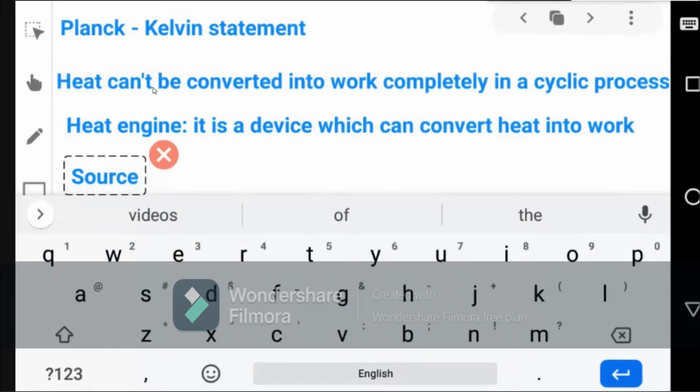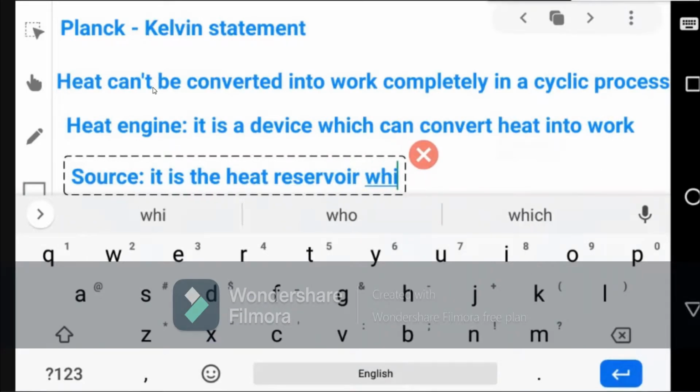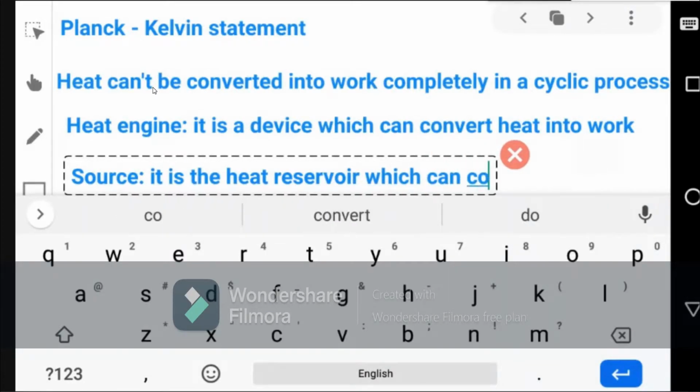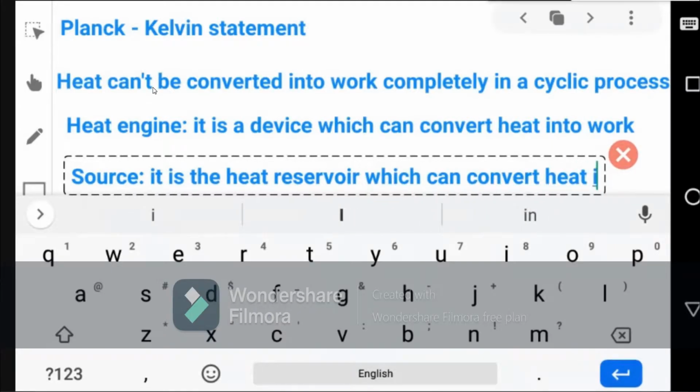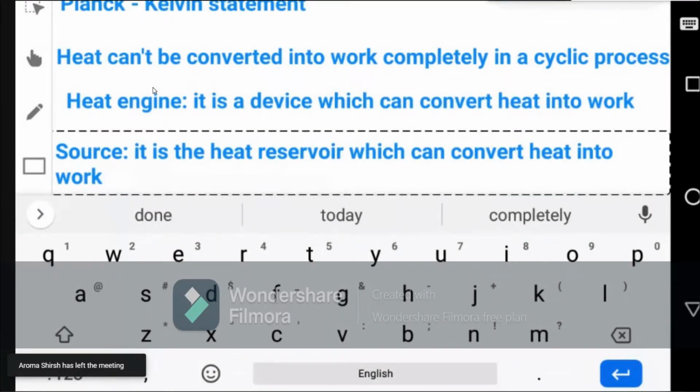Am I audible? Yes, sir. So you have to supply heat. What can supply heat is called the source. What is the source?